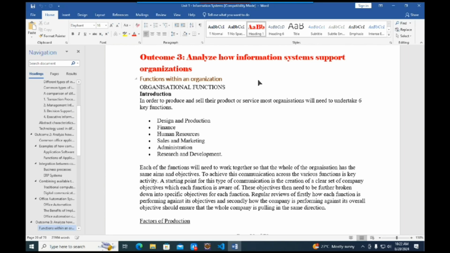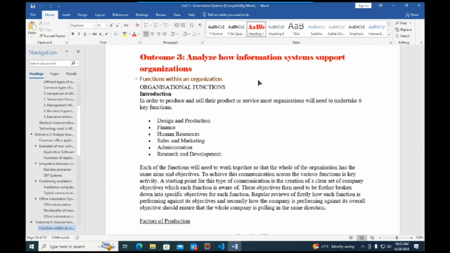We also need a function known as human resources, which deals with recruitment and all issues pertaining to the people employed in that company. We also need the sales and marketing function, where products or services are sold, and advertisement and marketing is done.